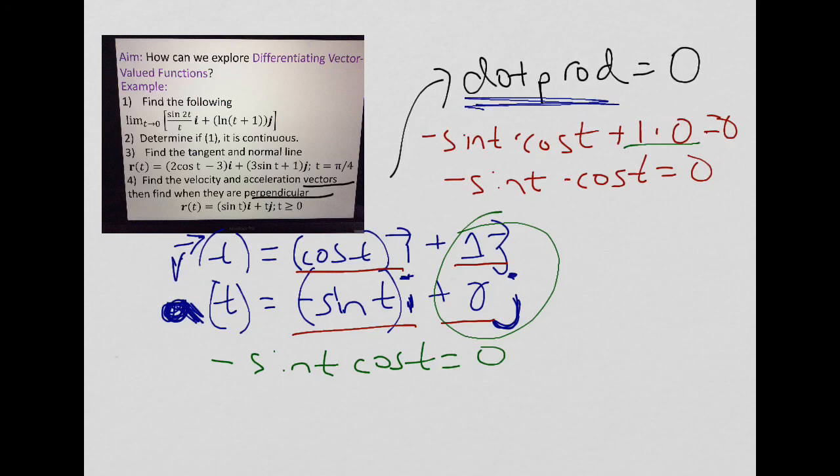Well, basically, it's for any value of t that would be an integer multiple of pi for sine, and pi over 2 for cosine.